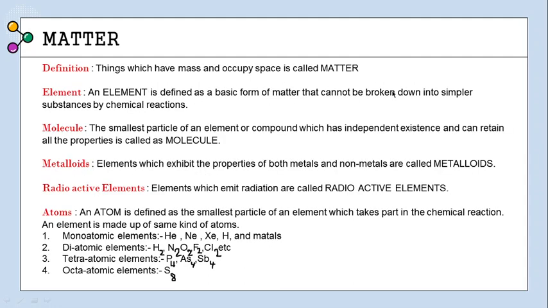An element is a single one, and a compound is 2 or more different elements combined together. The smallest particle of an element or compound that has independent existence and can retain all the properties is called a molecule.